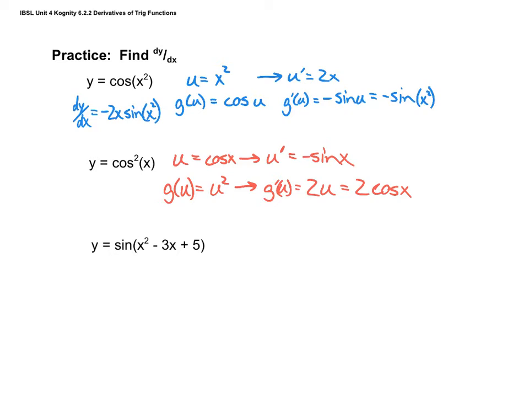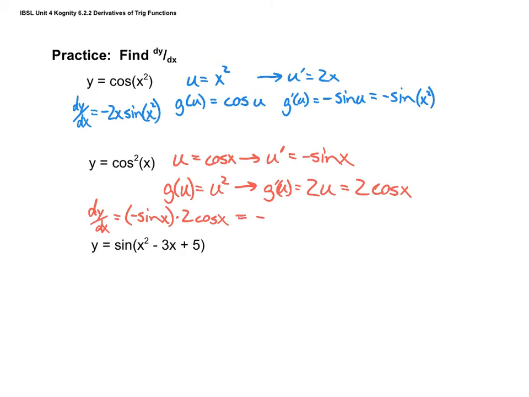So now I can find dy dx by multiplying these together. So I have u prime, negative sine of x, times g prime of u, so times 2 cosine x.